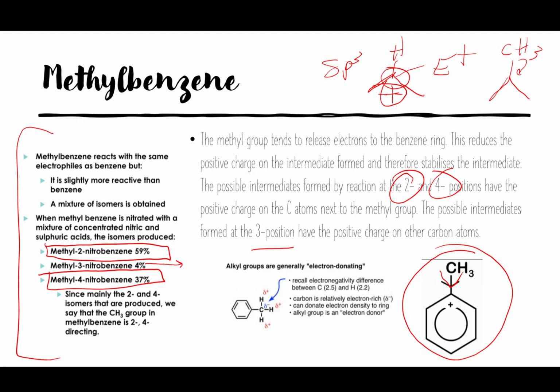Can anybody tell me what this means? What does this mean for the stability of the compound when a positive charge emerges? What are molecules trying to achieve? As it relates to charge, what are we trying to achieve?